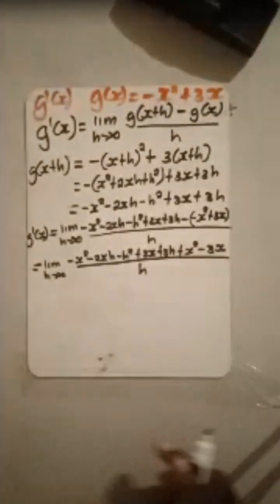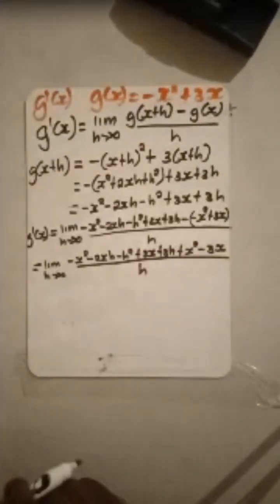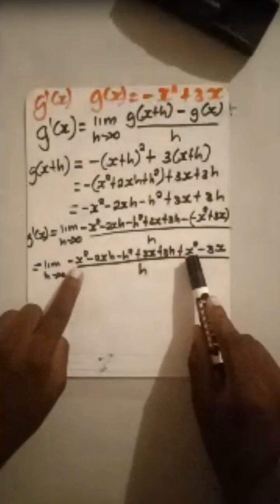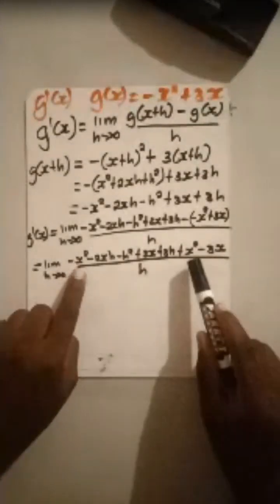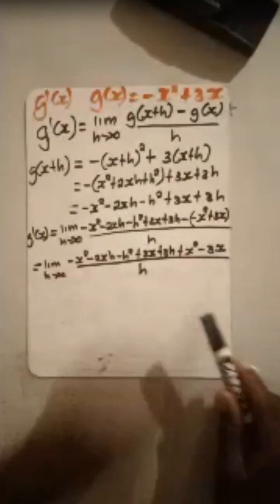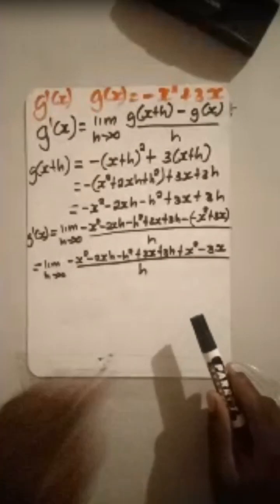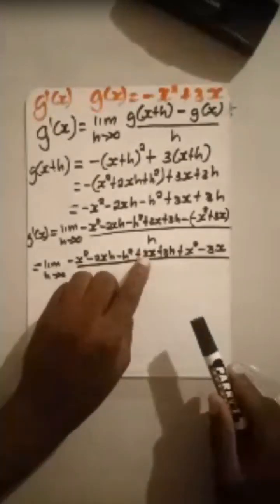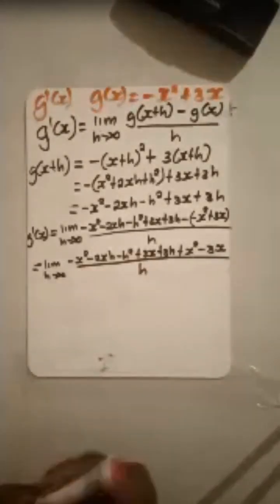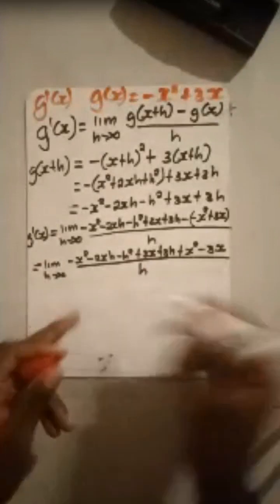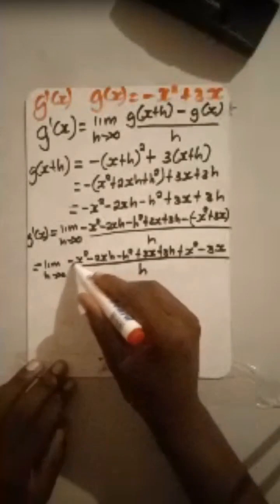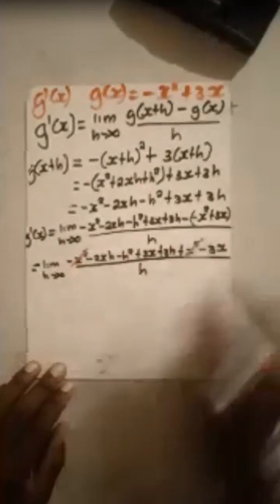Right? From there, you can take note that we have like terms, negative x squared and positive x squared there. They are like terms, but negative plus that one, this is going to cancel. Then if you also check, we have positive 3x and minus 3x there. So these ones can cancel. So you can safely take your pencil without rearranging them, because it's going to take your time and it might confuse you. Just take a pencil, then cancel there.